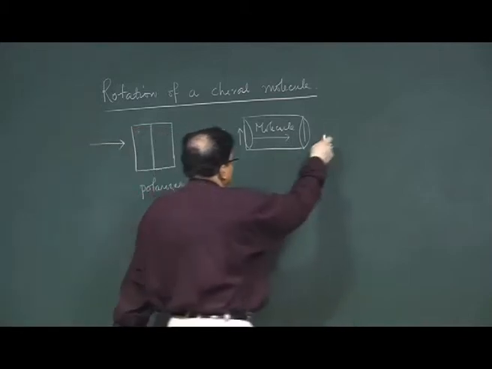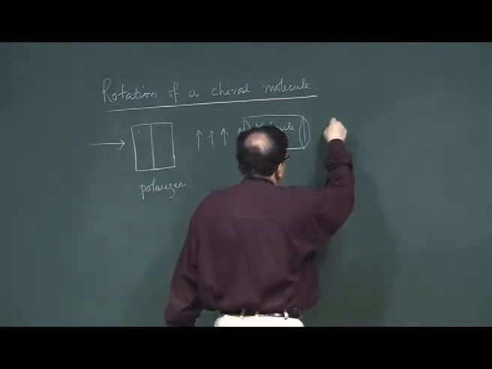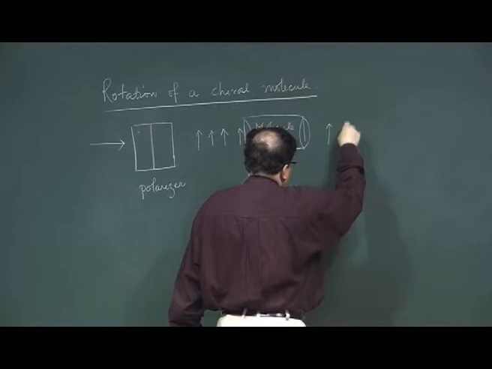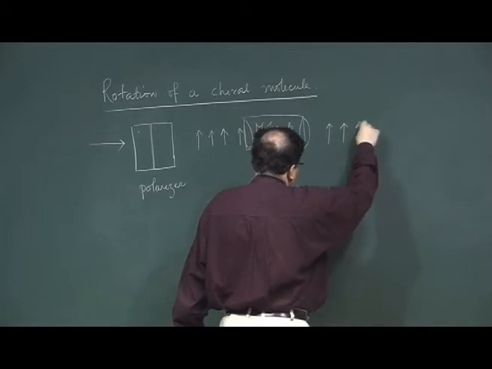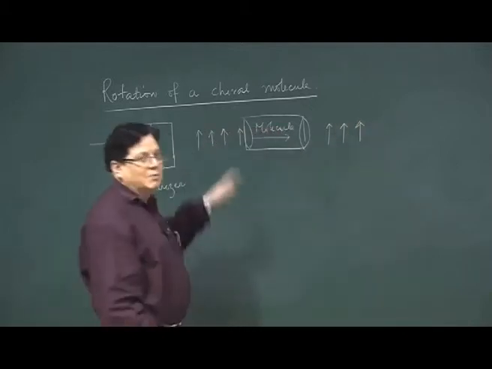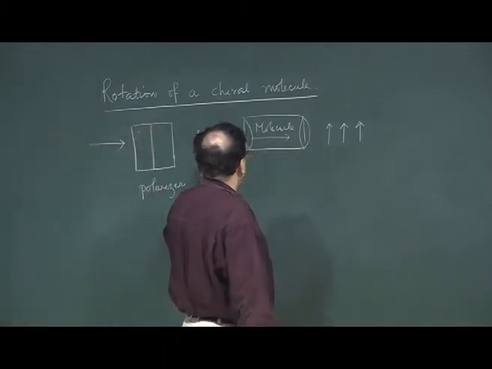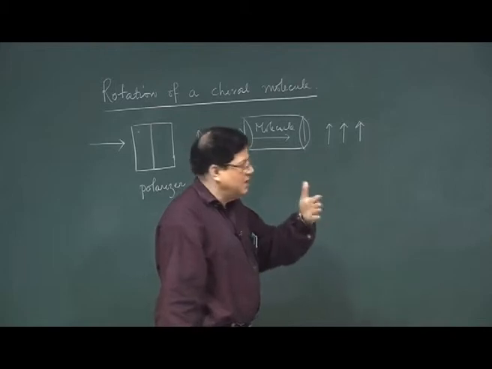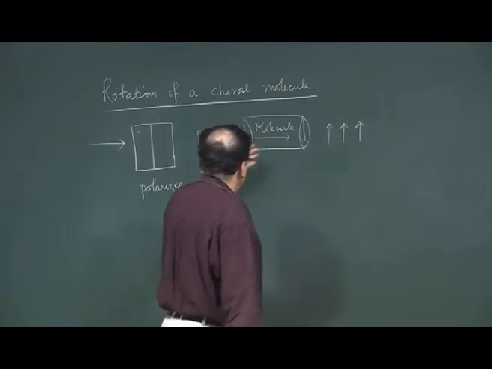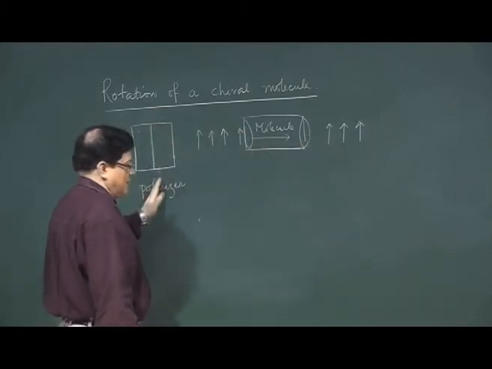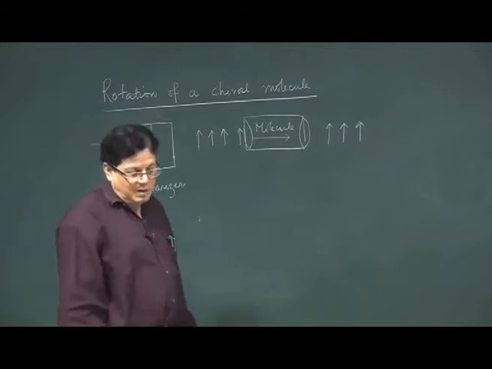If the molecule is not chiral, the plane of polarization of the plane polarized light remains coaxial, that means the plane does not rotate, and remains coaxial with the slit, which is also called the principal section of the polarizer.